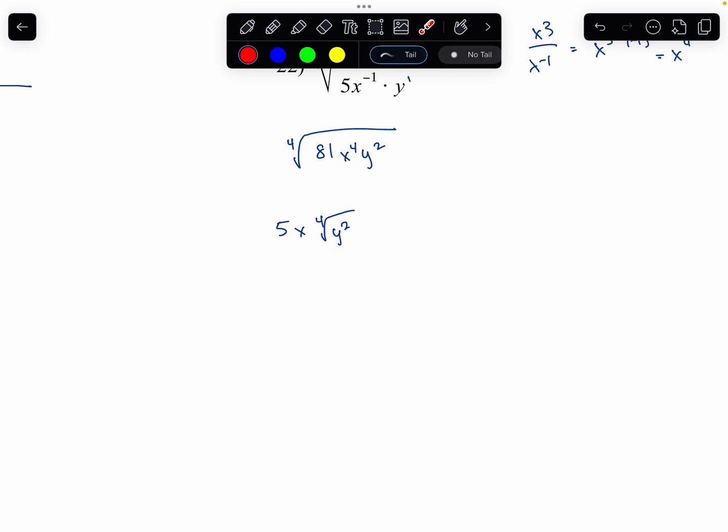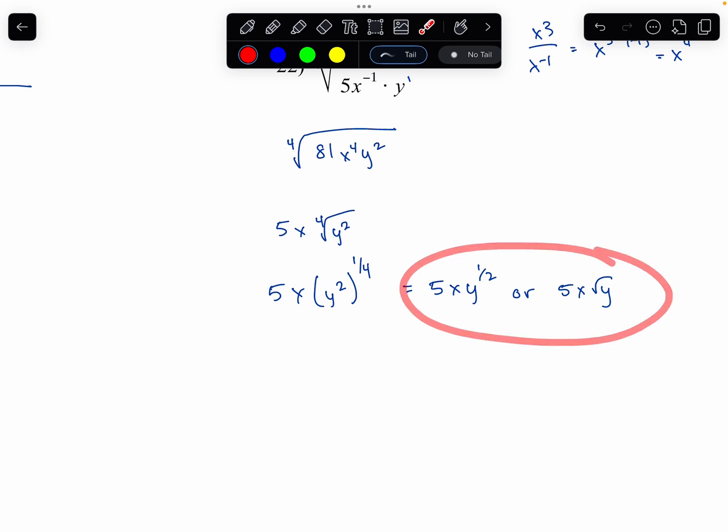I know 4 doesn't go into 2, but I can write it as y squared raised to the 1/4 power, and then I can multiply those, so then I get 5x y to the 1/2 power, or you can say 5x square root of y. So both of those are fine.